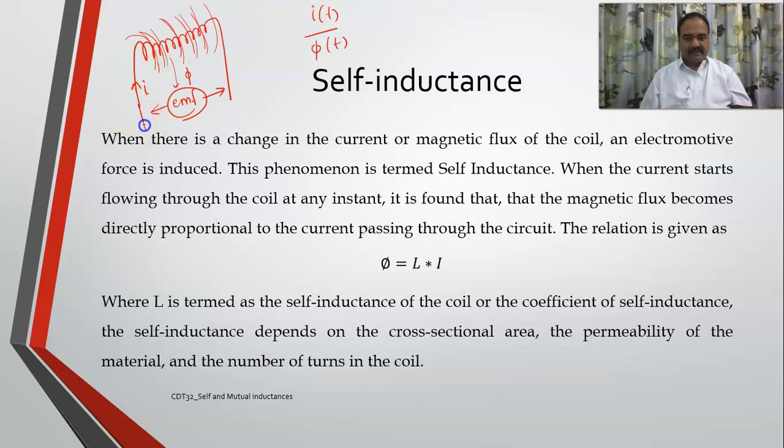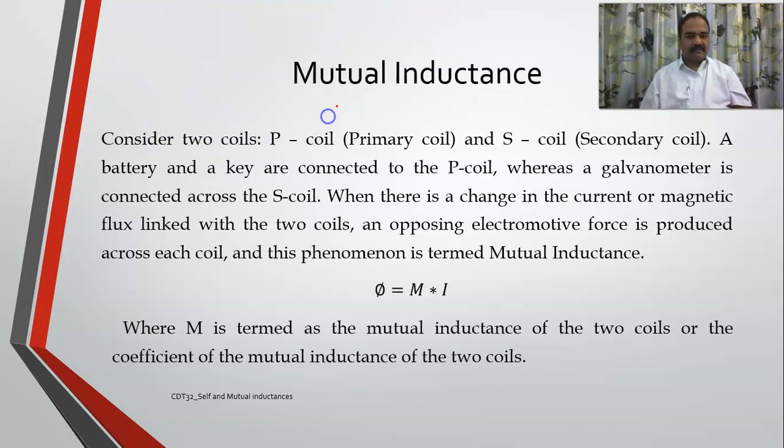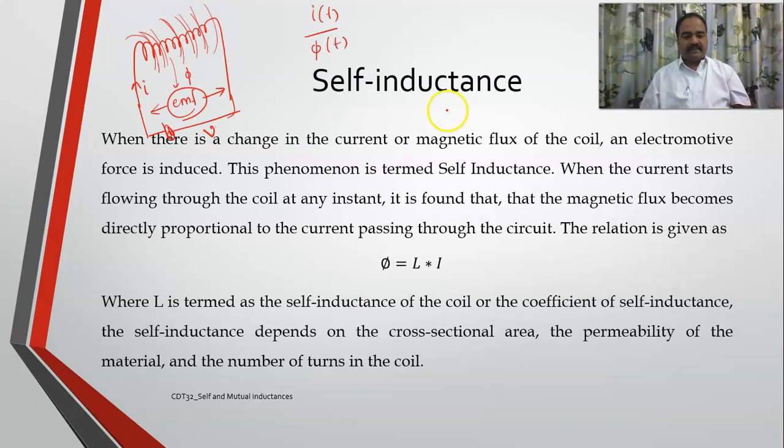So where is the current coming from? Might be some battery or some source, right? This V is developing a current, provided there is a closed circuit.